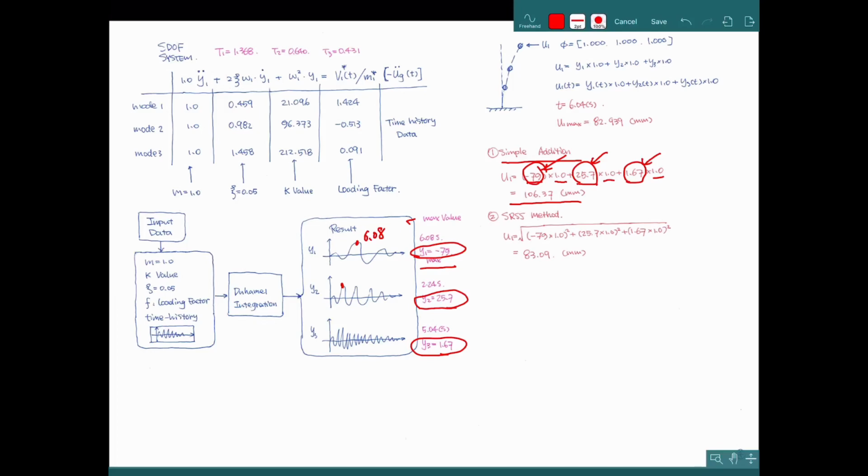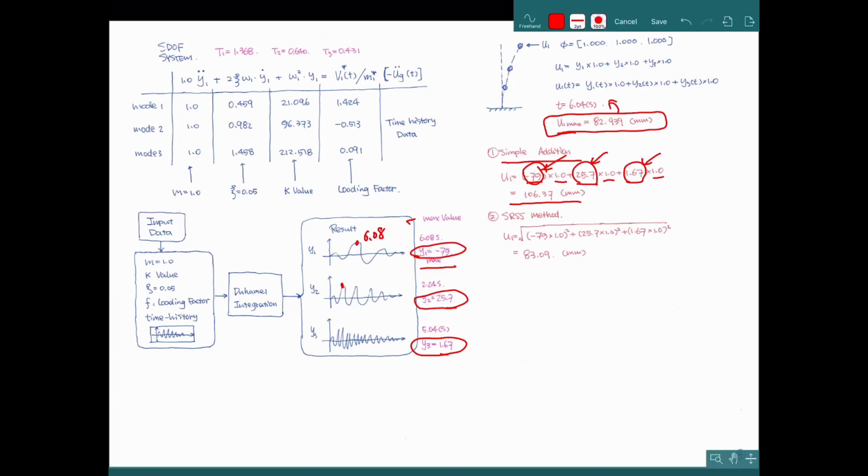The accurate result of the time history is in this calculation. The exact time is 6.04, and the actual maximum value for the final time history is 82.